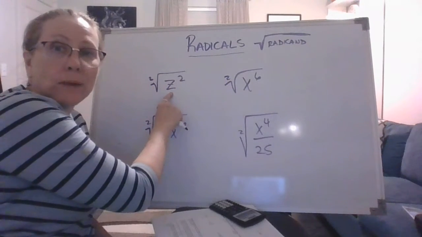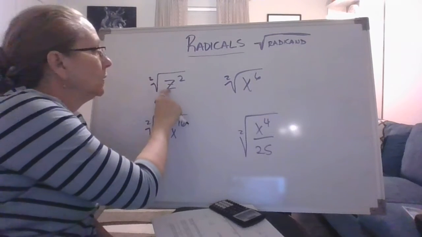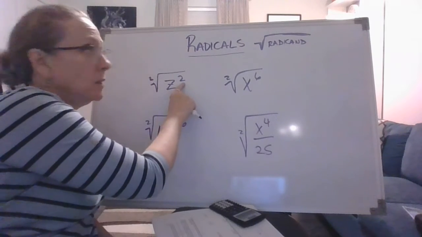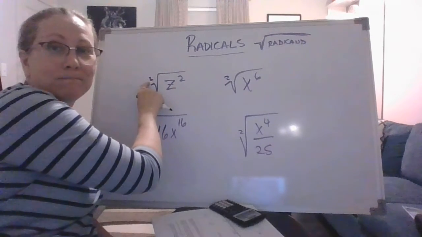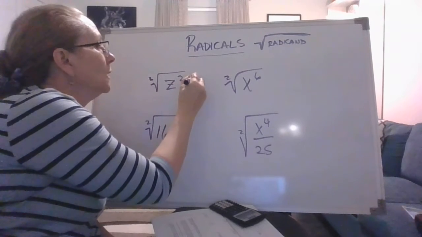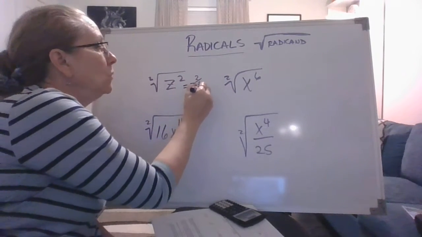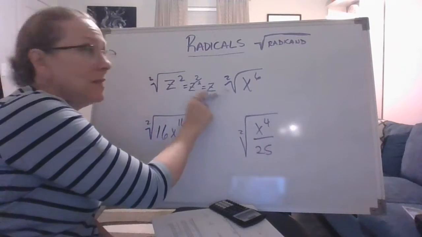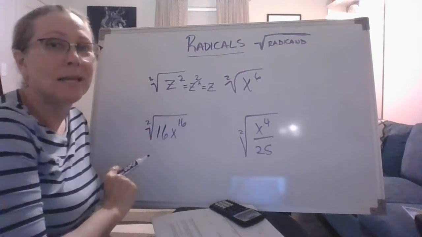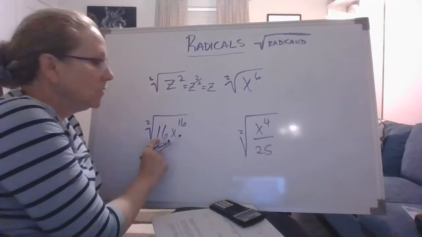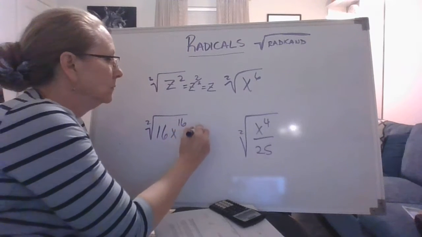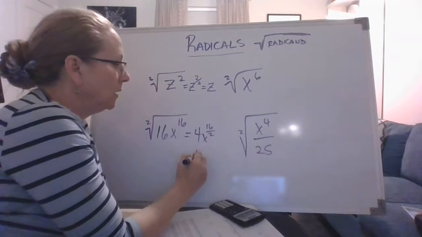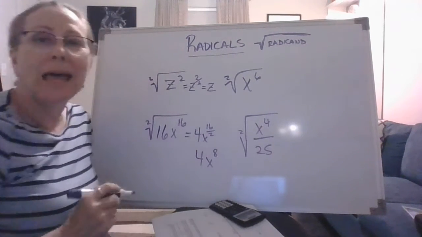Well, if we want to find the square root of our variable, we go to the exponent and we divide it by our index. So the answer is going to be z to the second divided by our index of 2, or just z. Because isn't it z times z, z squared? Yes. So here, the square root of 16 is 4, and x to the 16th divided by 2 gives us 4x to the 8th.